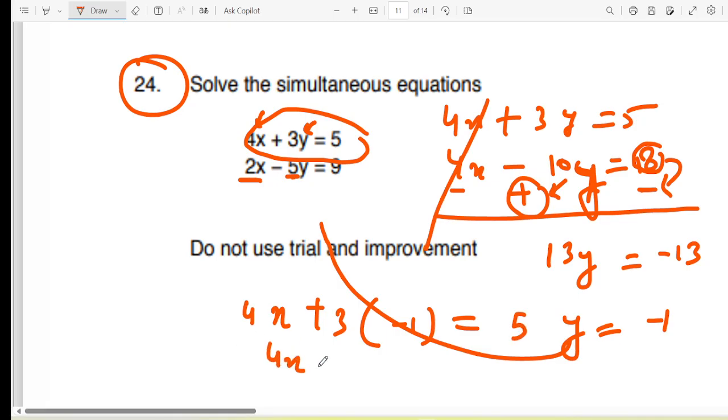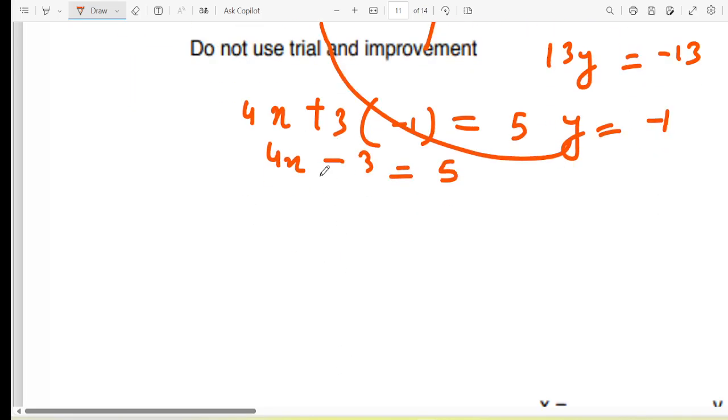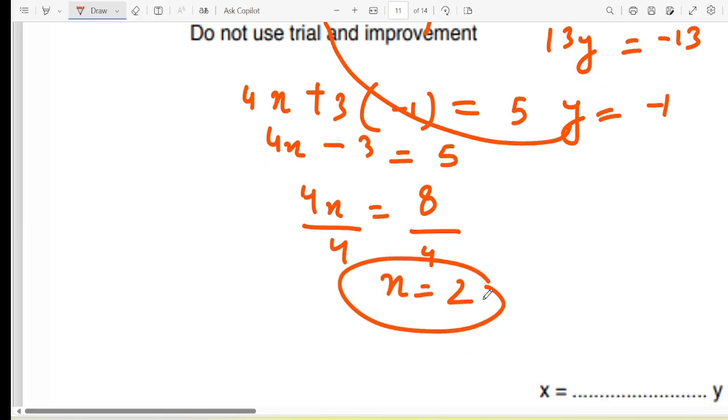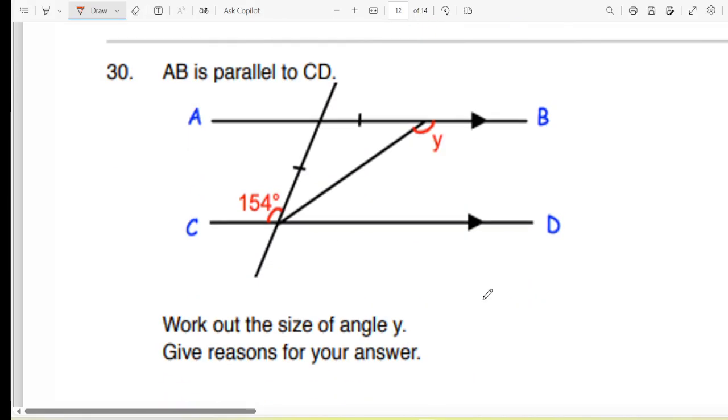So 4x, 3 times 1 is negative 3, equals 5. This way I get 4x equals 5 plus 3, which is 8. If I divide both sides by 4, I get x equals 2, right? So this is my answer. That's how we solve it.